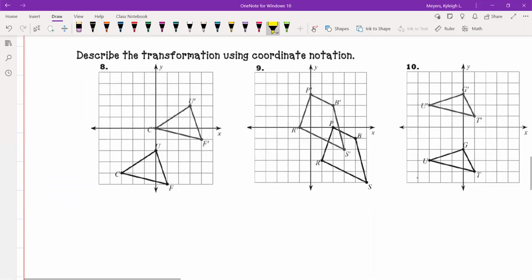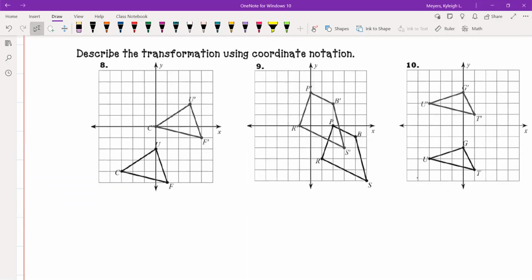So looking at the next page, it says describe the transformation using coordinate notation. Remember, coordinate notation starts with x comma y. It has an arrow, and it has x, something happens, y, something happens, parentheses. So our x is what's happening with the shape. So let's figure out from this u to this u, am I going to the left or the right?